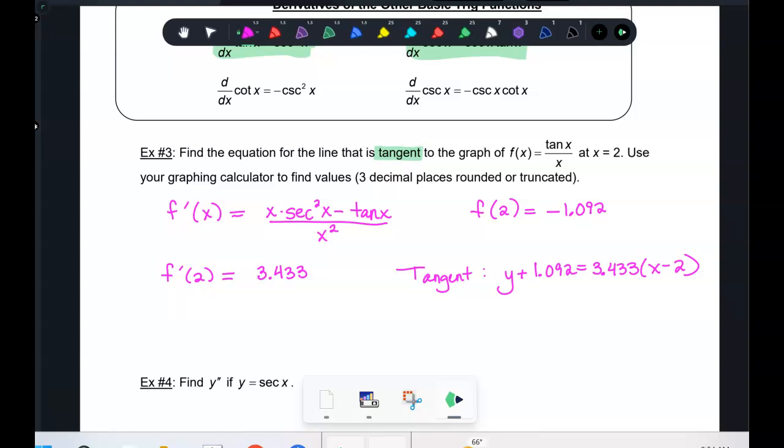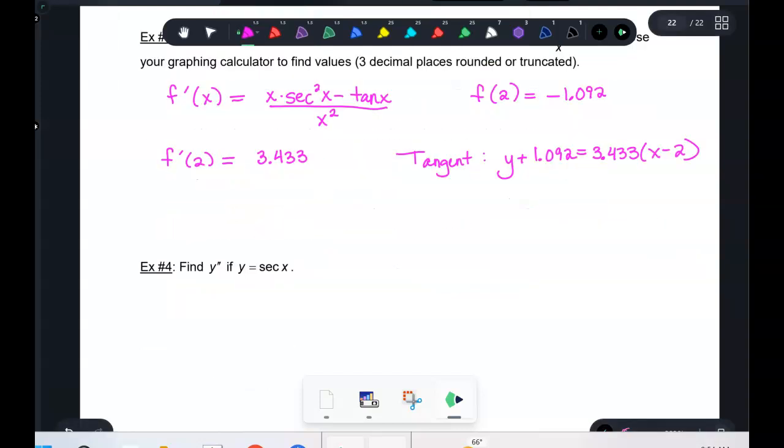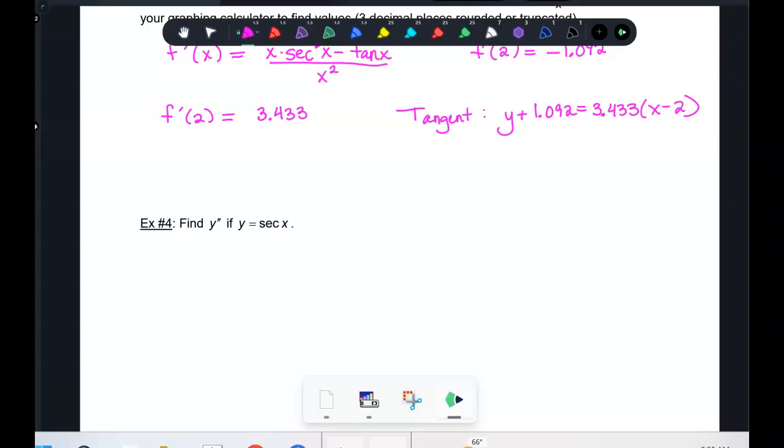Okay, last example. We want to find the second derivative of secant x. So we are going to start with the first derivative. You can just look. What is it? Secant tangent. So secant x tangent x. Now when I do the second derivative, we're going to do a u times v.